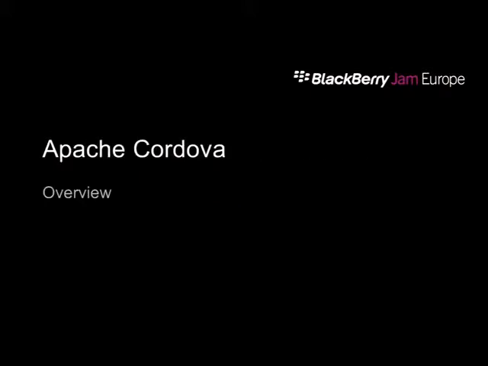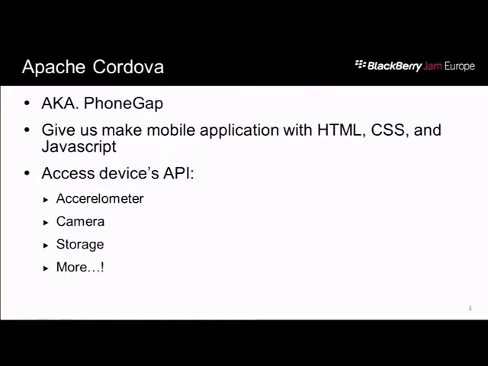All right. So without further ado, Apache Cordova is actually called PhoneGap. Tim, you might want to give the history between PhoneGap and Cordova and what the differences are. Okay, so about 2.5 years ago, PhoneGap was originally created by a company called Nitobi, a company I used to work for.